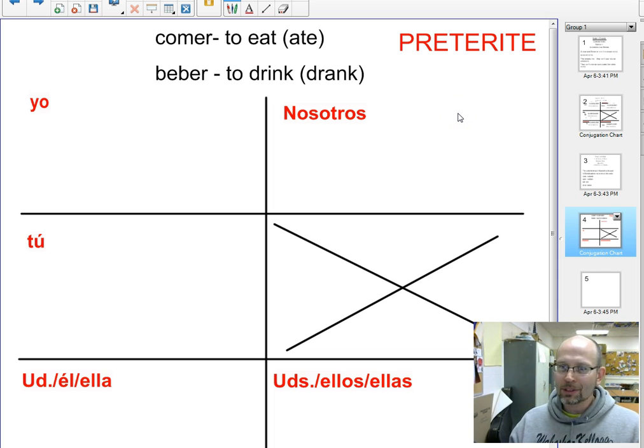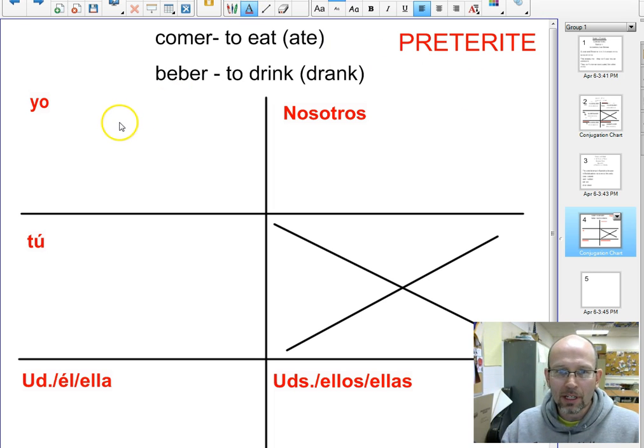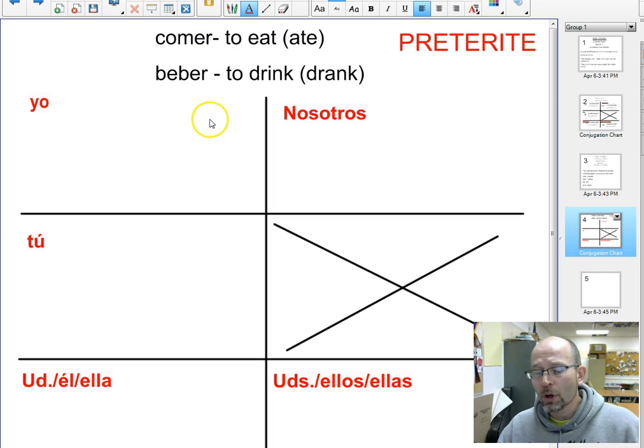So how would you be able to say, I ate something? Or you're trying to ask someone what they ate last night. Those kinds of things. Okay? So let's do some examples of those right now, or how you actually change it. Both of these verbs happen to be ER verbs, though ER and IR verbs in the preterite tense are conjugated exactly the same.